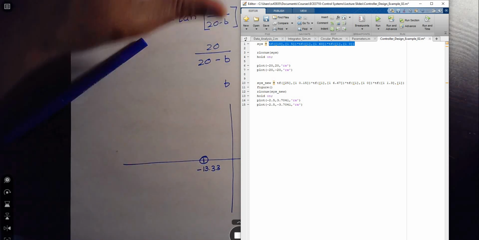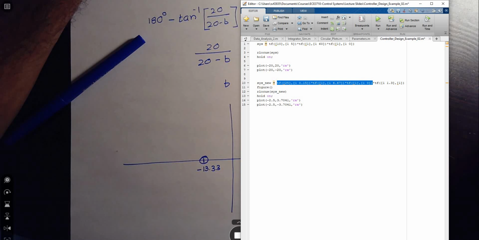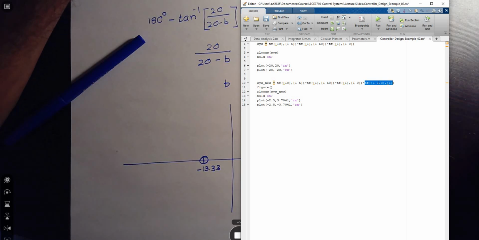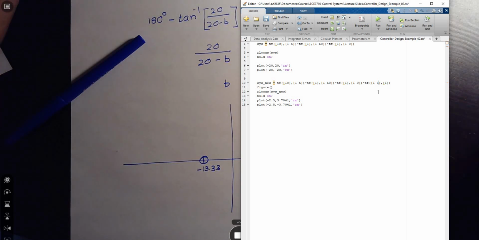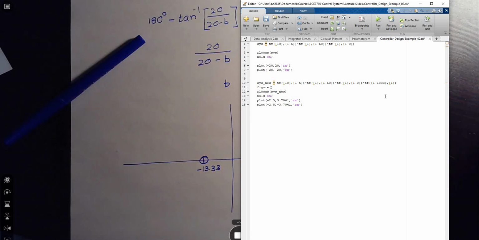Copy all this again. Then at the very end, we have some flexibility to add a zero. That's our zero term, and it's going to be 13.33. There's nothing in the denominator because the denominator is basically 1, so that's set to 1.